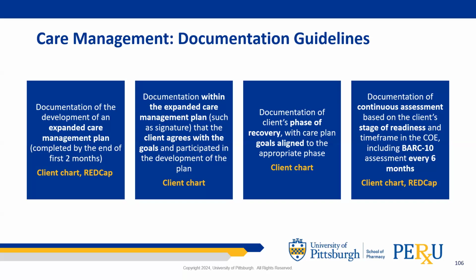The client, the care manager, and other individuals on the community-based care management team, or as specified by the COE organization, should sign the initial and all subsequent care plans. Documentation of client's phase of recovery, with care plan goals aligned to the appropriate phase. Documentation of continuous assessment based on the client's stage of readiness and timeframe in the COE, including BARC 10 assessment every 6 months.